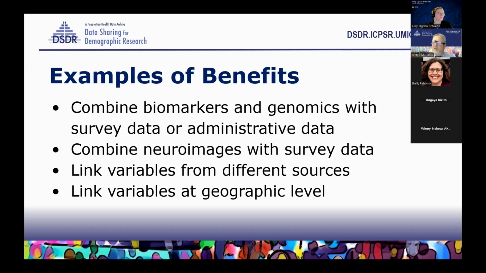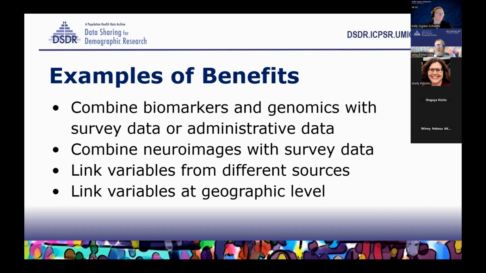So here are some examples. A lot of times what people want to do is combine biomarkers and genomics with survey or administrative data. This is sometimes called G by E in the genomics literature, which is genomics by environment. How do the two of those interact together? We know that things are not as clear cut. There is a real interaction between the genetic component and the environment.